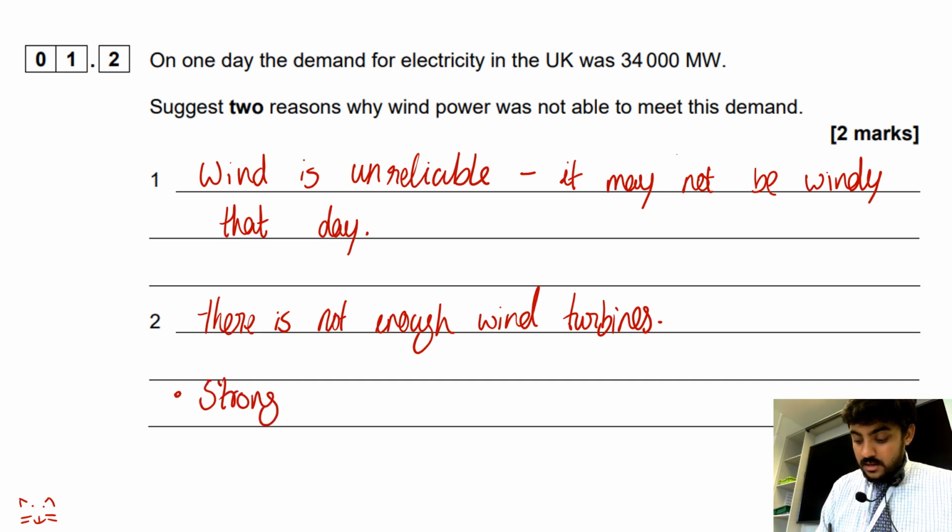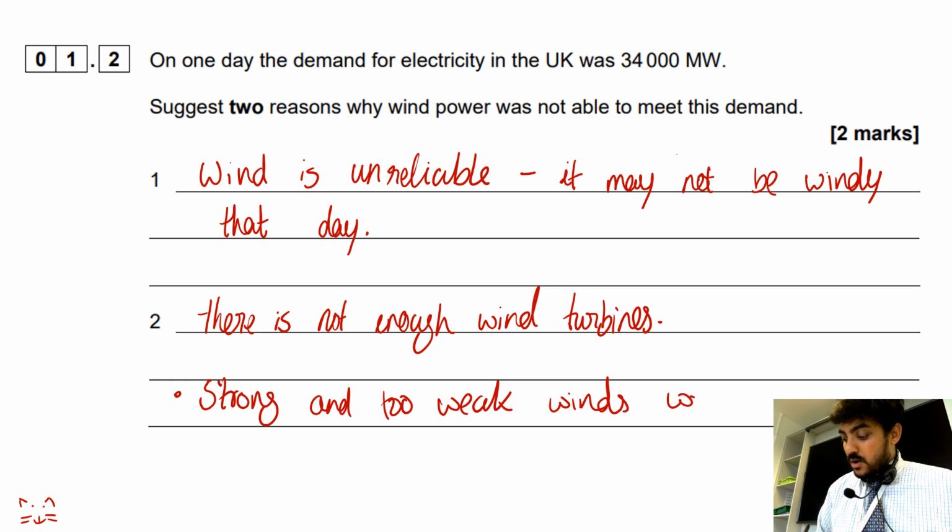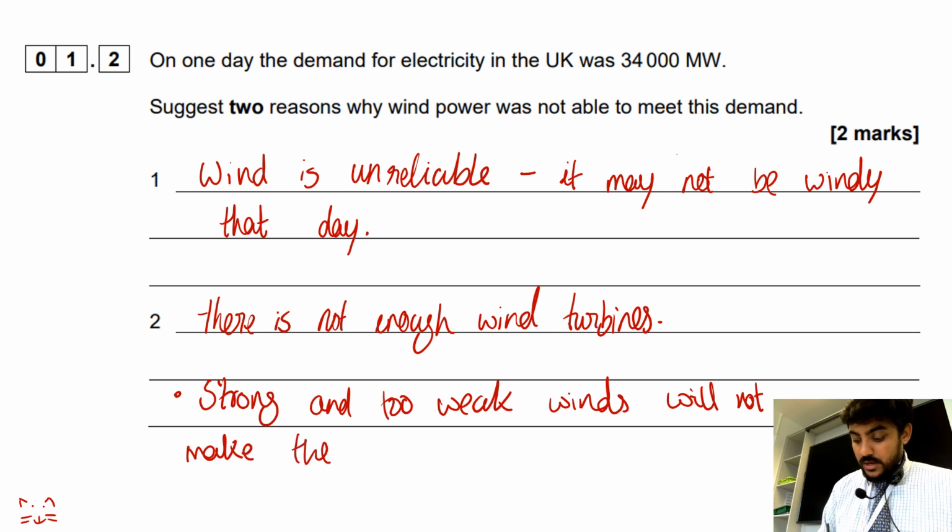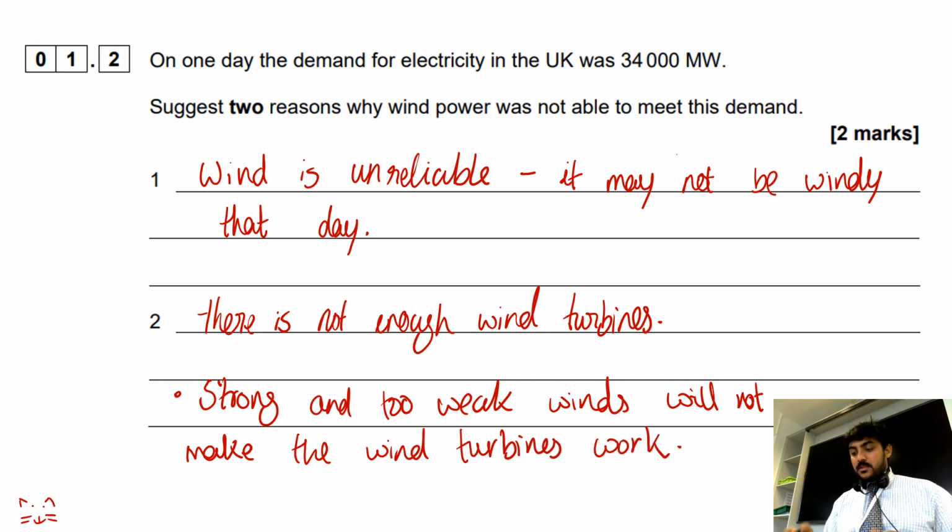Okay, that should get us the 2 marks. In fact, this gets us a mark, this gets us a mark. This is just a bit extra, if that's the way your brain is thinking.